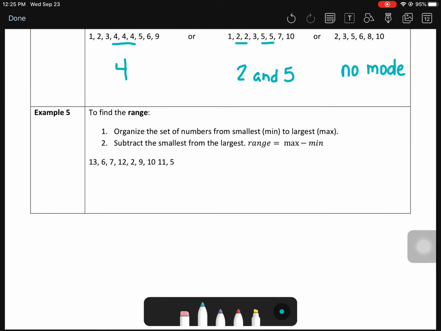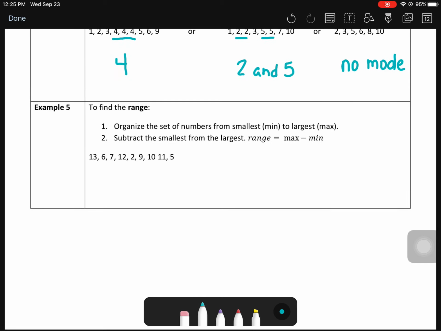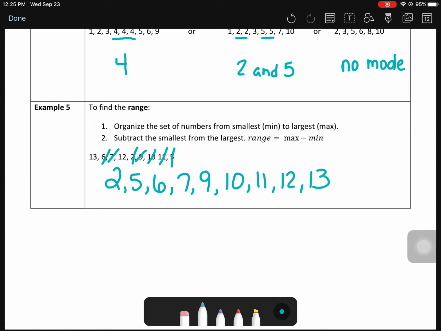Okay, so in the next example, we have to organize the numbers from smallest to largest, or from minimum to maximum. So there's a 2, a 5, a 6, a 7, a 9, a 10, an 11, a 12, and a 13.